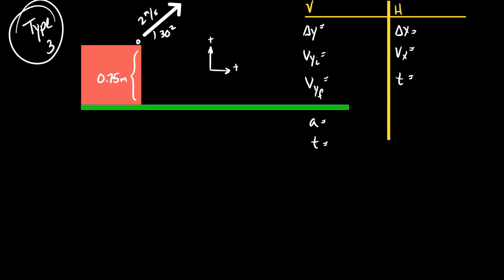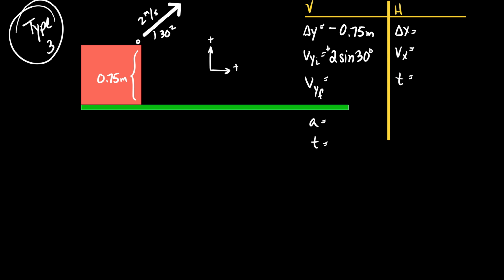All right, so let's work this out. Delta y will be downwards 0.75 meters. Right, it lands below where we started. Vy initial will be 2 sine 30 degrees and will be positive.